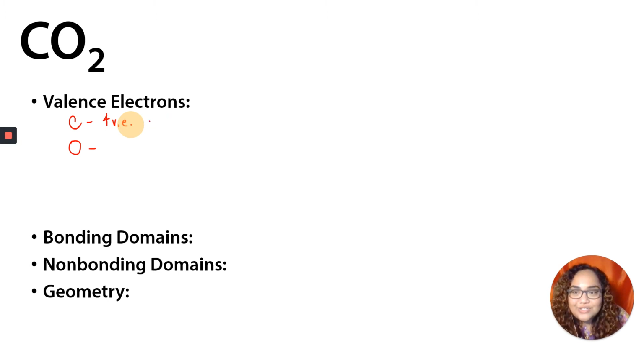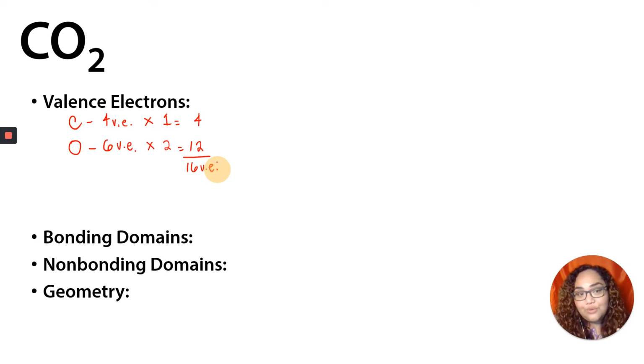There's only 1, so you just multiply it by 1. Oxygen belongs to group 6, that would mean that there are 6 valence electrons in oxygen. And then how many oxygen atoms are in this compound? There are 2, so you're going to multiply that by 2. So 4 times 1, you'll get 4. And then 6 times 2, you'll get 12. So 12 plus 4, that would be 16 valence electrons all in all.